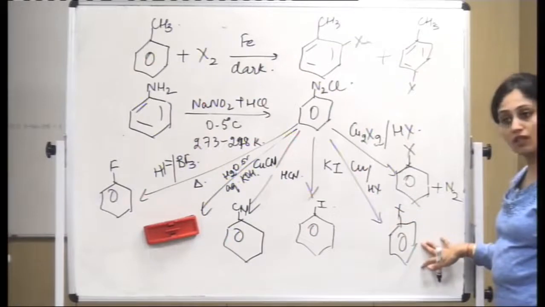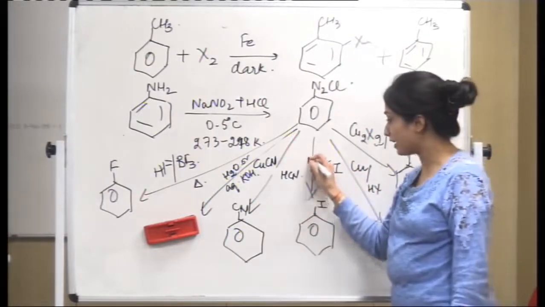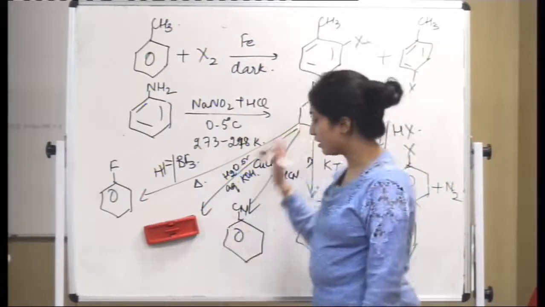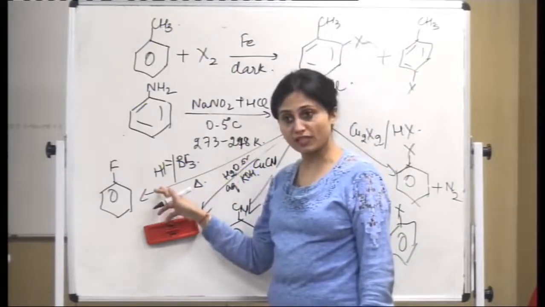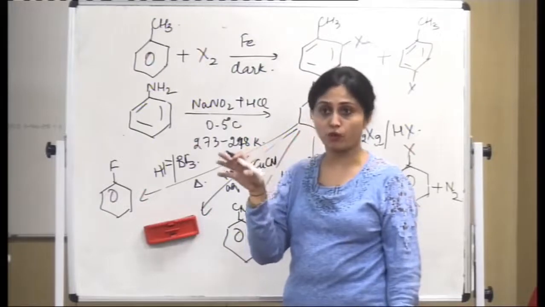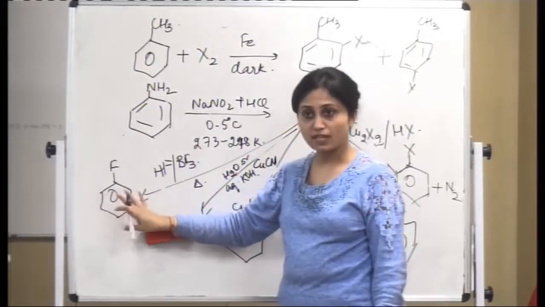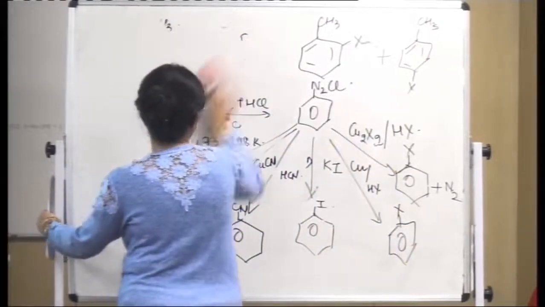You will get again haloarene. Add KI, simply heat, you will get iodobenzene. CuCN gives cyanobenzene. KOH gives alcohol. If HF in the presence of BF3, or you can also add HBF4, then in that case again you get fluorobenzene. These are the different reactions for preparation of haloarenes.